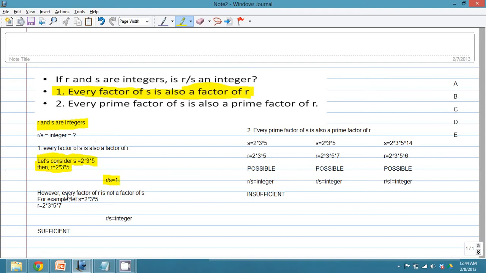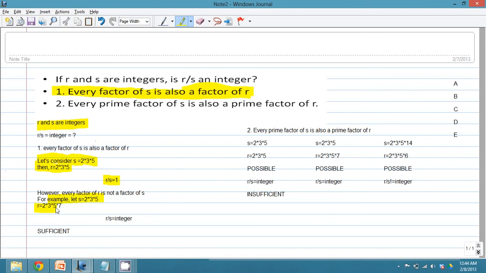However, now there are two scenarios. One is that every factor of S is a factor of R. That is what is given to us. However, is every factor of R a factor of S? Now let's confirm that by taking an example. Same example, S is equal to 2 into 3 into 5. R is also equal to 2 into 3 into 5.